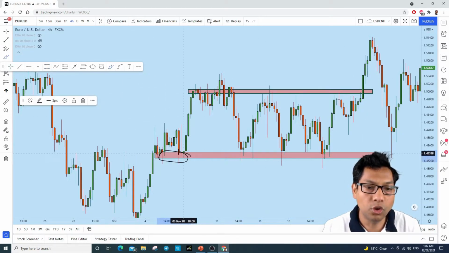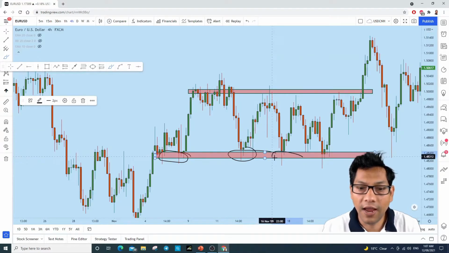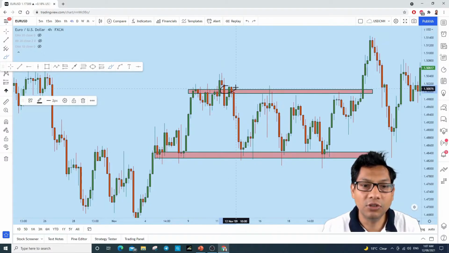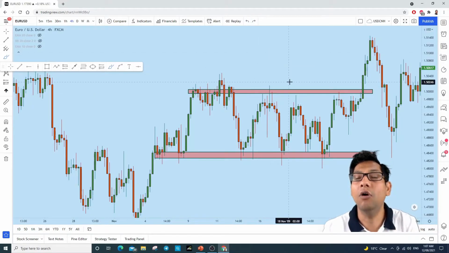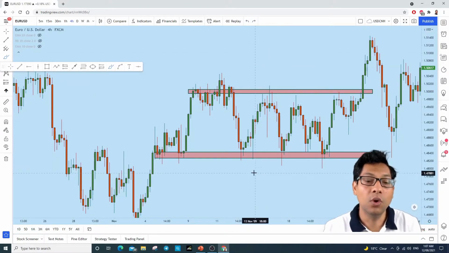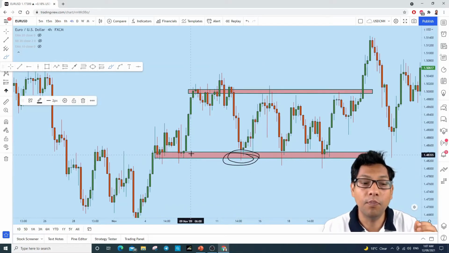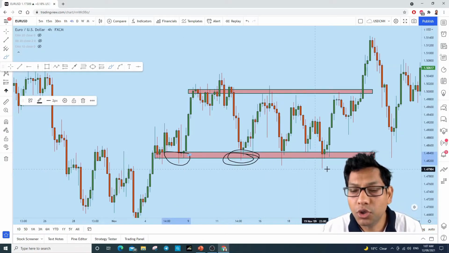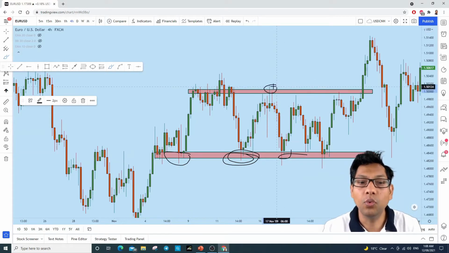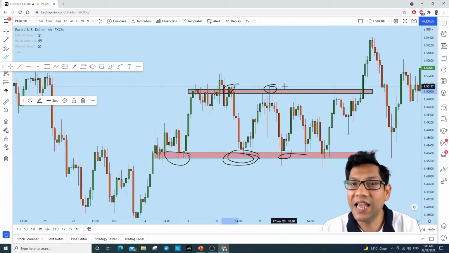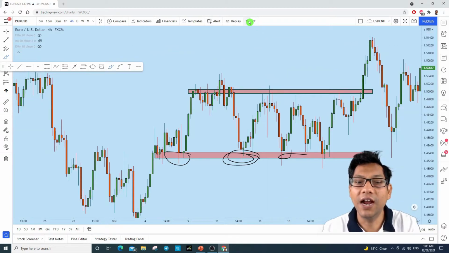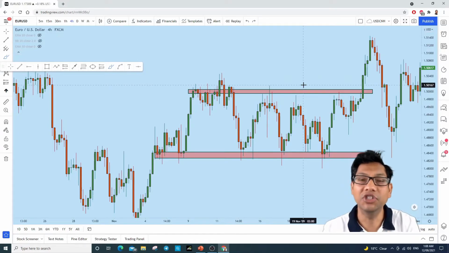That this is a support zone where the price is coming and rejecting, and this is a resistance zone where the price is coming and rejecting every time. So these two zones, we can say the area of value in a ranging market, where from here we can consider potential buying opportunity, and from here we can consider potential selling opportunity. So these are the ways that you can identify area of value in a ranging market.